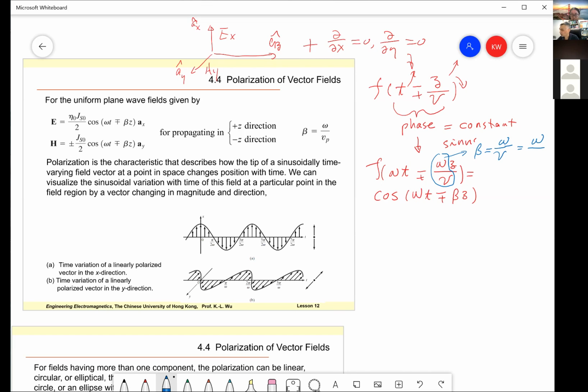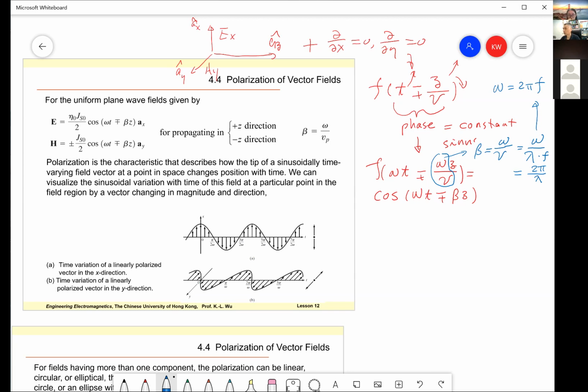this speed of wave, also we know the wavelength lambda times frequency is the speed v, right? So in this case, we know beta is simply 2 pi divided by lambda, right? Because omega equals 2 pi times f.